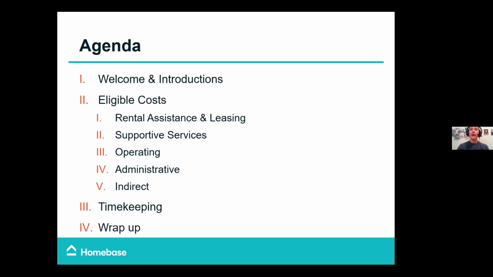As was true of all of these CoC compliance trainings, this is going to be an overview of the topics of eligible costs and documentation of eligible costs. We are not going to dive particularly deep into any one of these cost areas. And therefore, as you go out and implement this information in the world, you're going to come across costs that you may want to charge to your CoC grant that we didn't explicitly cover in this training.